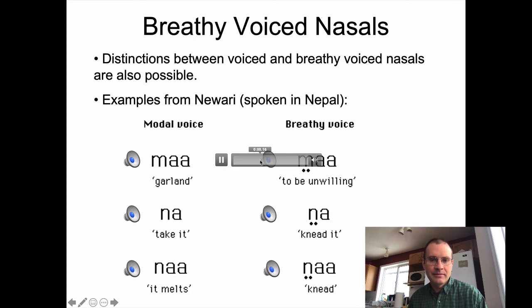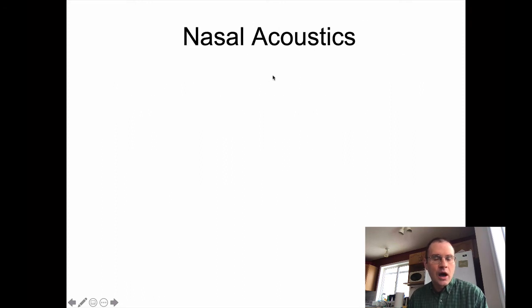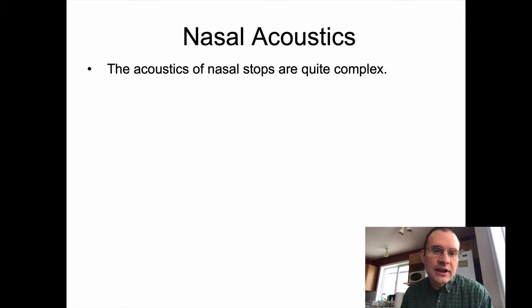Also, you can conceive of transcribing these breathy voiced ones with an M and a superscripted breathy H, perhaps. But they're transcribed here with this breathy voiced diacritic just underneath, in this case, a nasal stop, rather than putting it underneath a vowel. Okay, so nasal acoustics are quite complex.